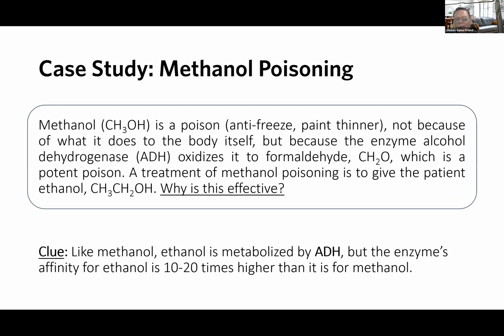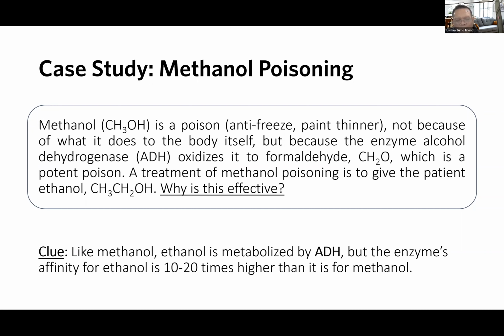Now let us see the case study of methanol poisoning. Methanol is a poison found in antifreeze, paint, and thinner. Not because of what it does to the body itself, but because the enzyme alcohol dehydrogenase oxidizes it to formaldehyde, which is a potent poison. A treatment of methanol poisoning is to give the patient ethanol.